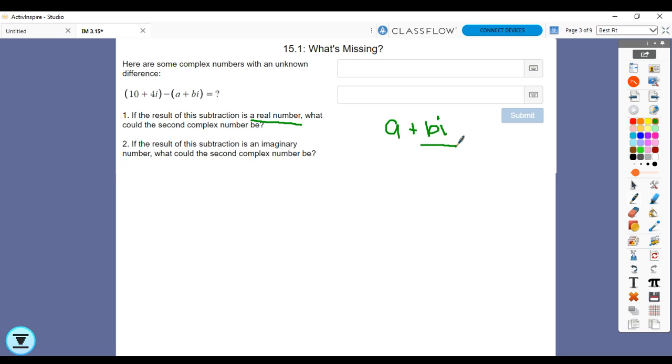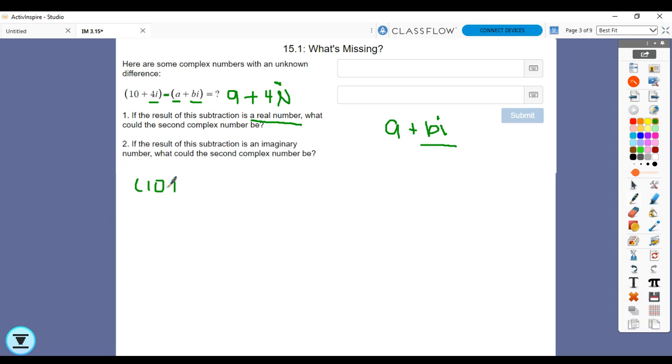It has a 0 value. So if we want a 0 value for the imaginary part, it would be 4 minus what to make 0 for the imaginary? That means that the bi here has to be 4i. So it doesn't matter what the real part is, so you have to keep the a, because it can be anything, plus 4i.